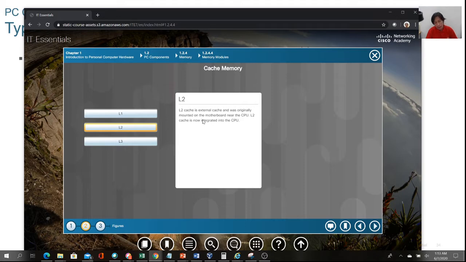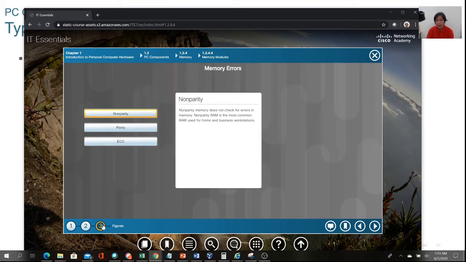So nowadays there are CPUs that integrate L1 and L2. And L3 is used in high-end workstation or server CPUs. Most of those having L3 cache memory are the server type.